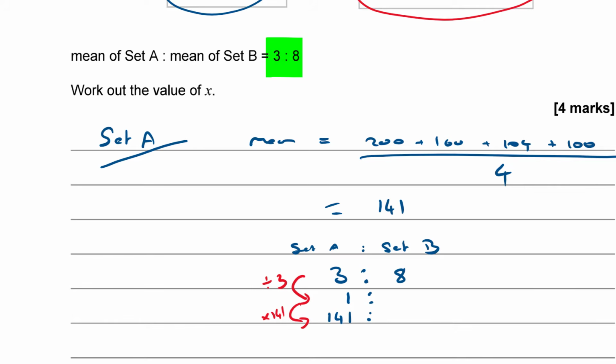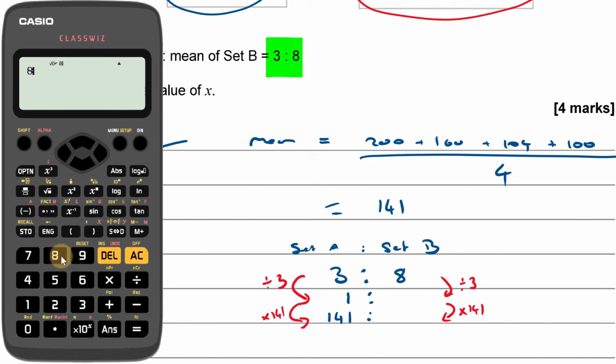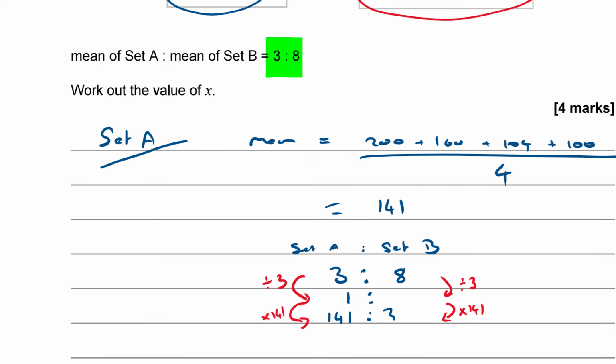But if we do that to one side of a ratio, we've got to do it to the other as well. So I'm going to divide by 3 and then times by 141. So what's that then? 8 divided by 3 times by 141. That comes out to be 376. So now I know that the mean of my set B is going to be 376.